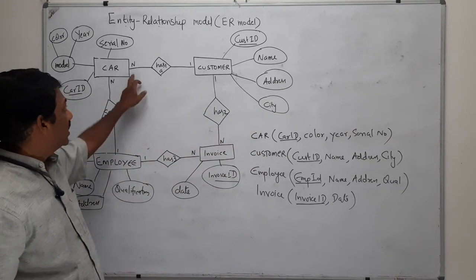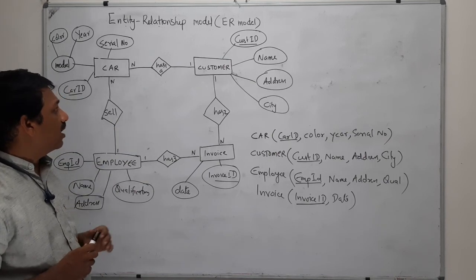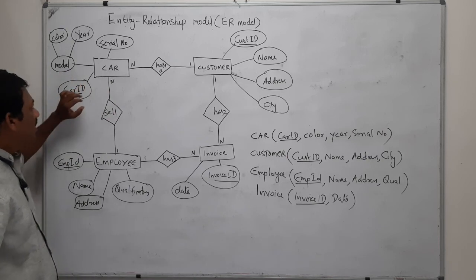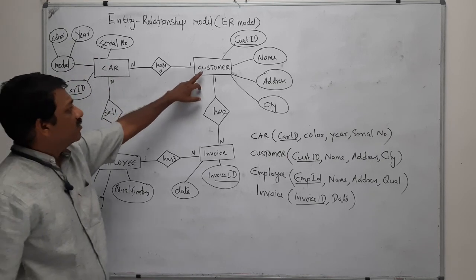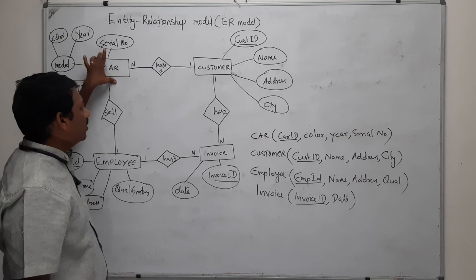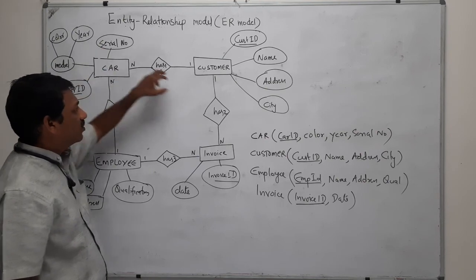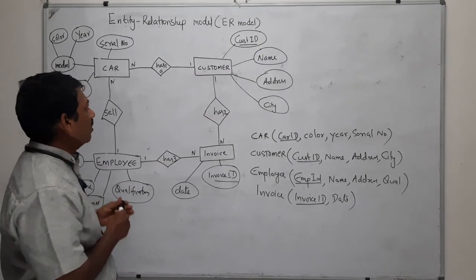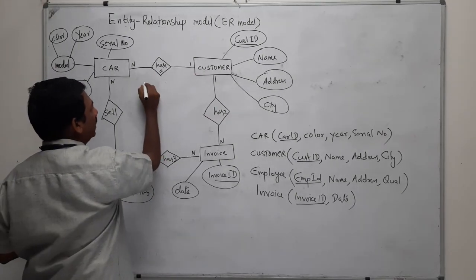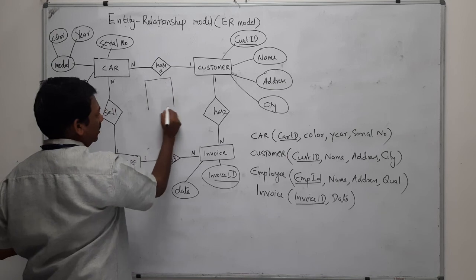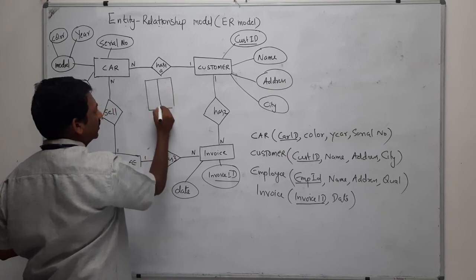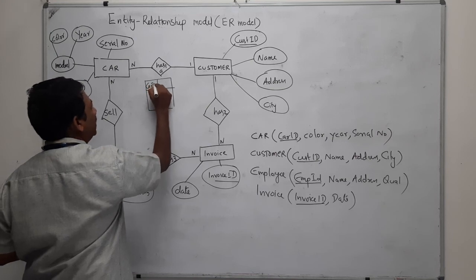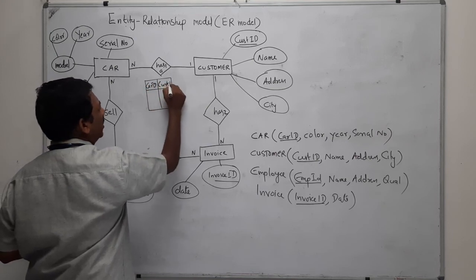Now we have a relationship. So I want to have here a "has" relationship. That means here a customer has a number of cars and a number of cars are owned by a customer. So you can have a table like this: car ID and customer ID.